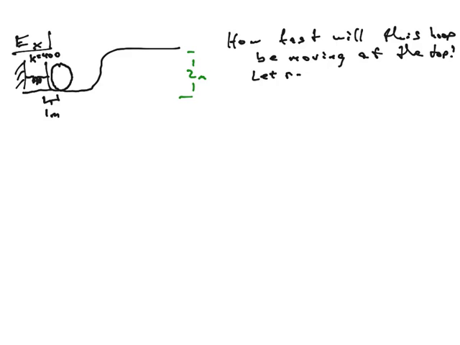Let the radius of the hoop be, let's say, 0.2 meters. And let the mass of the hoop be 10 kilograms. Okay, in case we need the information. Maybe we don't, maybe things will cancel. But in case we need it, there it is for us to use.